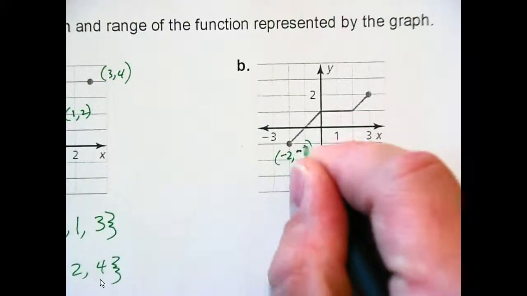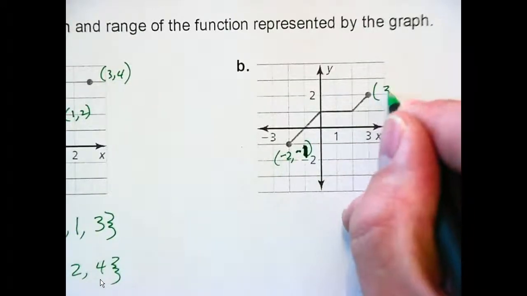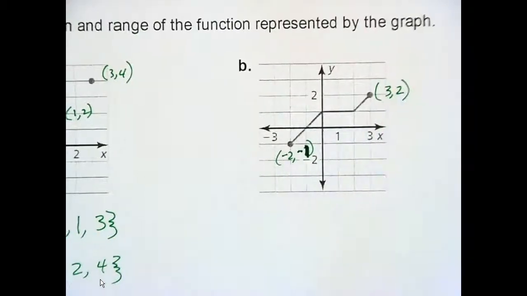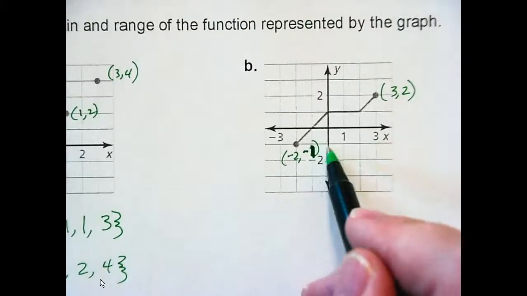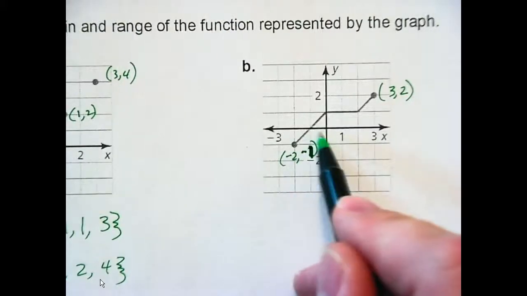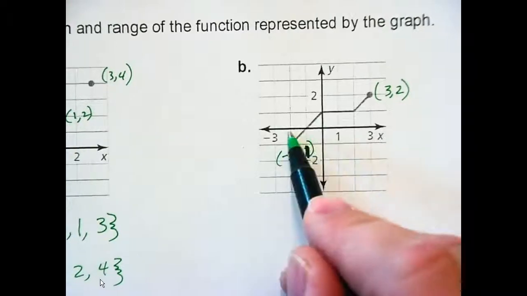Oh, -1. Okay. Oh, yeah. Okay, this one? Now, how is that -2, -1? That's negative. -1, -2. Right? So you go over 2 and down 1.